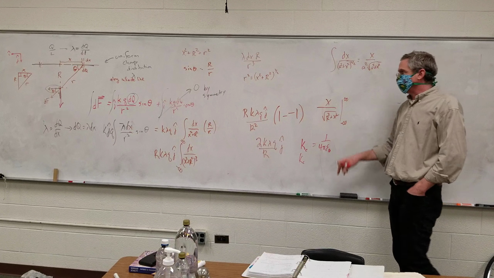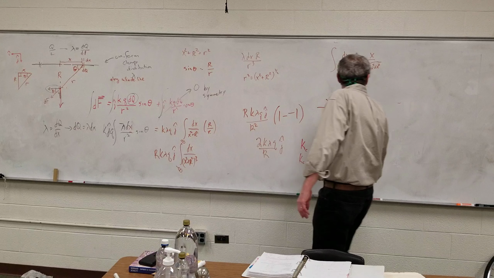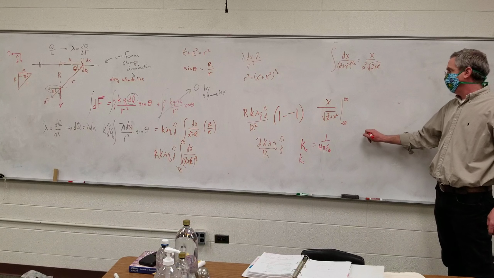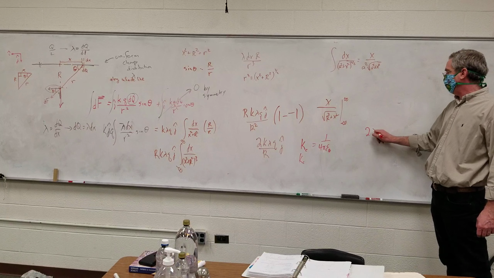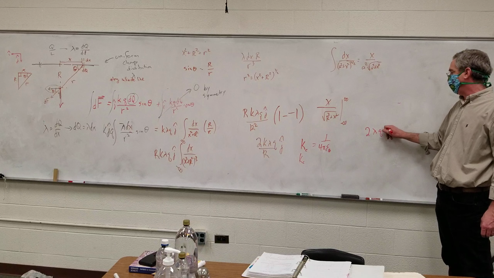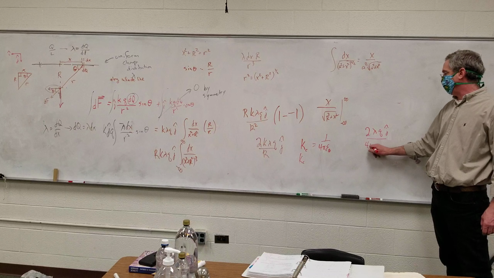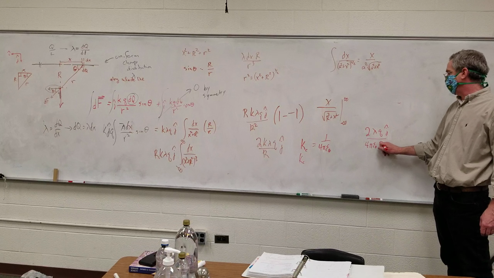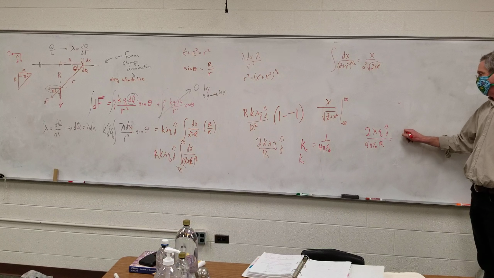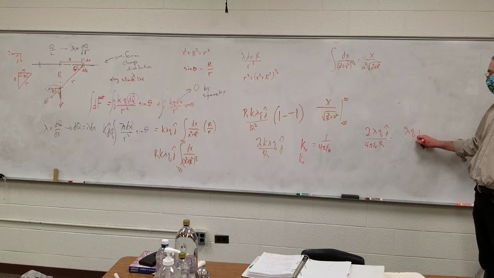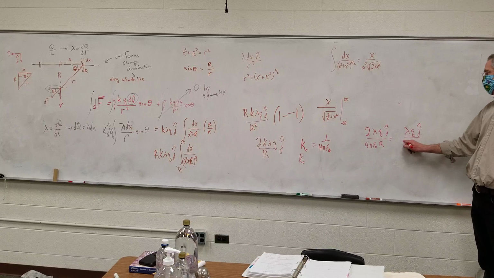So if I make that substitution, we end up with 2 lambda q j hat over 4 pi epsilon sub naught R, which becomes lambda q j hat over 2 pi epsilon sub naught R.